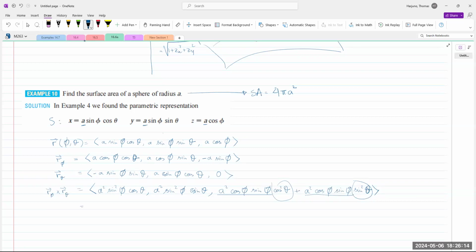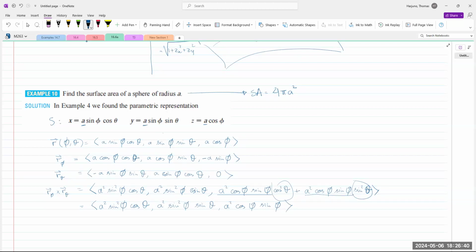So that's a squared sine squared phi cosine theta, a squared sine squared phi sine theta, a squared cosine phi sine phi. Man, that's painful, huh?